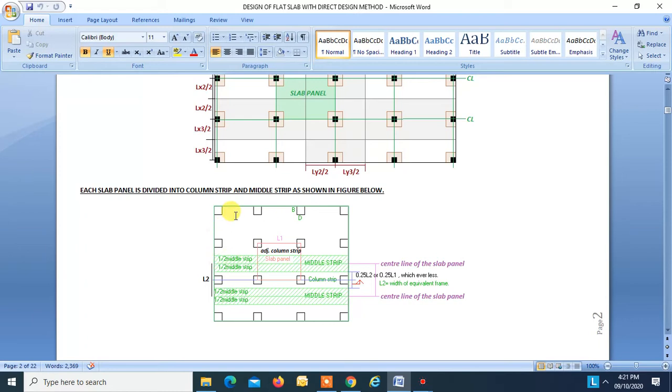Now this is another slab beam member which is again subdivided into column strip and middle strip, and we will get a half middle strip over here from this slab panel, and this together will form a complete middle strip. Okay. So middle strip is always bounded with column strips on its two sides. Okay. So this is the column strip and this is another column strip.